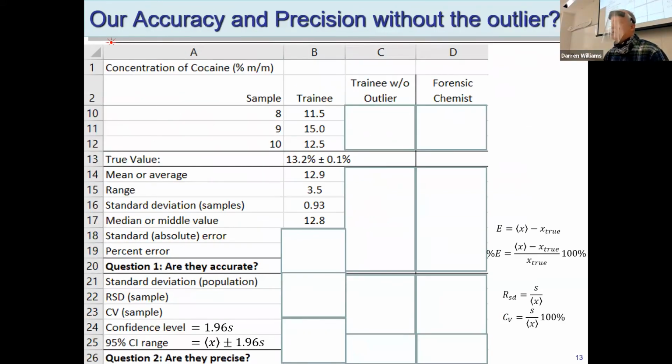So let's look at our accuracy and precision without the outlier. Okay. So our accuracy with the outlier, we would say is fair, right? It's 2.5% error. So we just take the, here's the error calculation, our mean minus the true value. Notice the order.